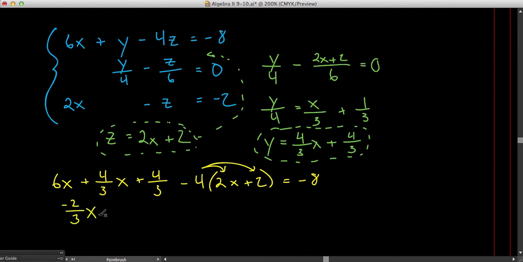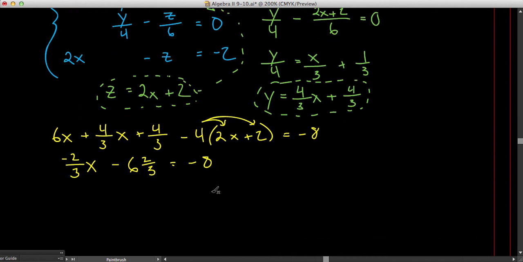And then we have the negative 4 times the positive 2, so we have negative 8 there. And then combined with the 4/3 leaves us with negative 6 and 2/3. And then equals negative 8.